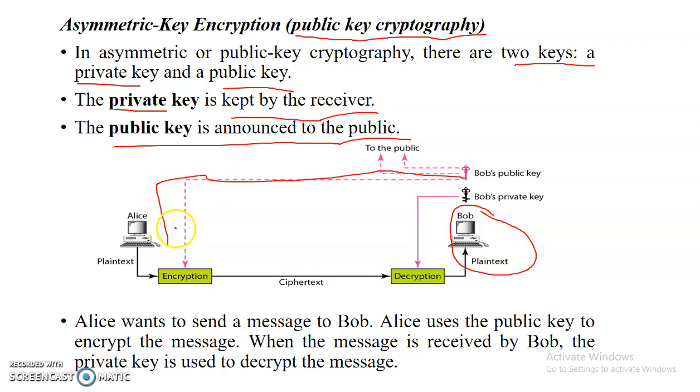Whenever the sender sends data, it will be encrypted from plain text to ciphertext using the public key, but it can be decrypted only with the help of the receiver's private key, right?